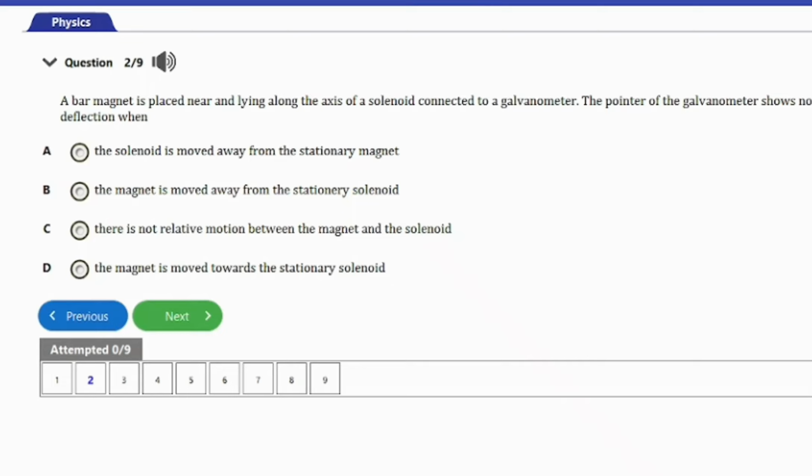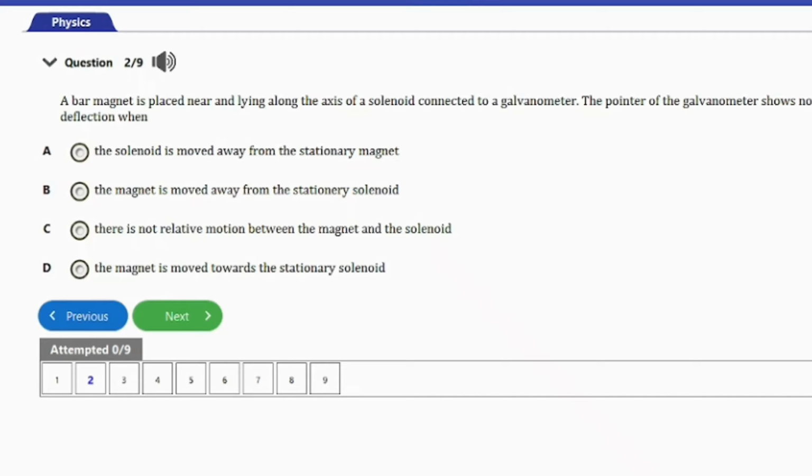It says, a bar magnet is placed near and lying along the axis of a solenoid connected to a galvanometer. The pointer of the galvanometer shows no deflection when A. the solenoid is moved away from the stationary magnet. B. the magnet is moved away from the stationary solenoid.